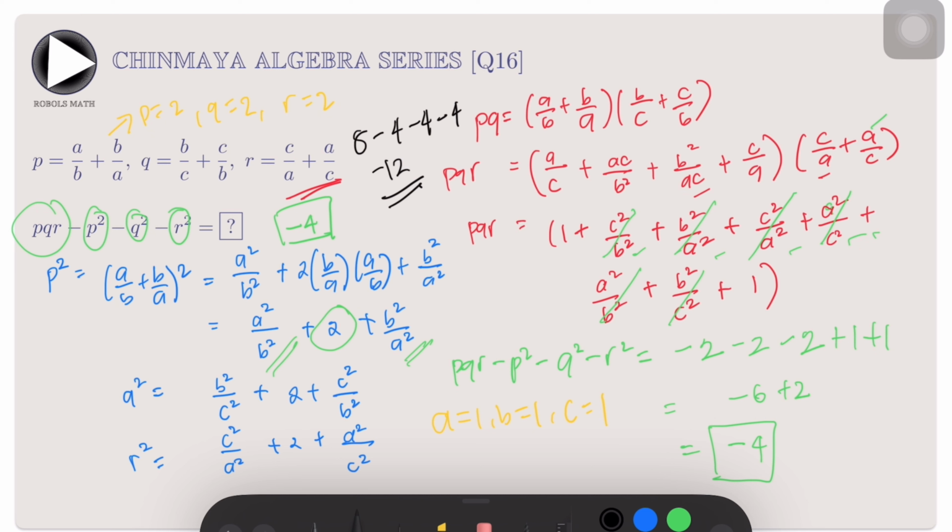And second, I'm not advocating this method because if the solution is required, this will not be accepted because this does not guarantee that the answer is negative 4 for all values of A, B, and C. So this is just a quick method that works if the answer is invariant.